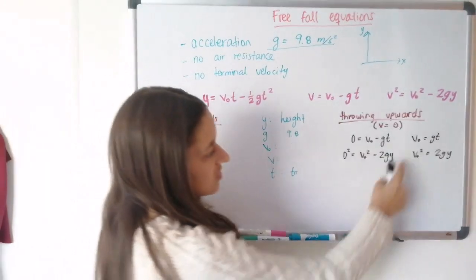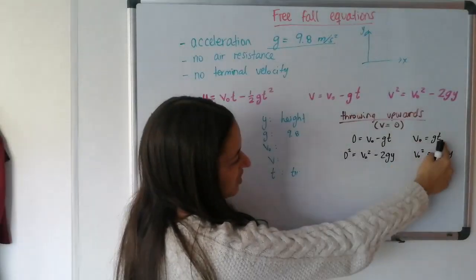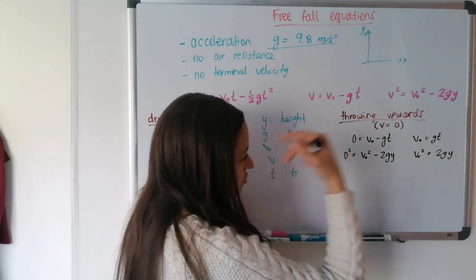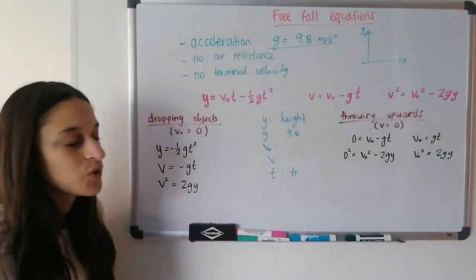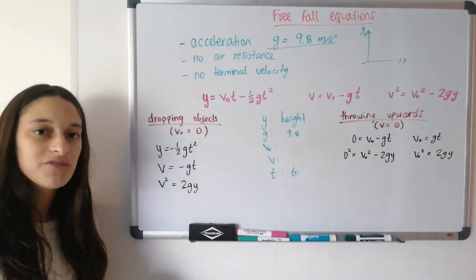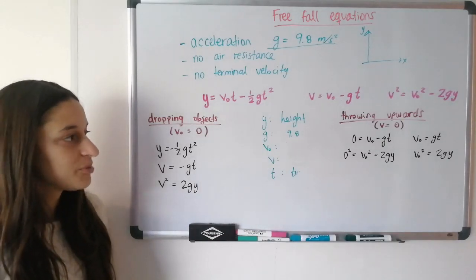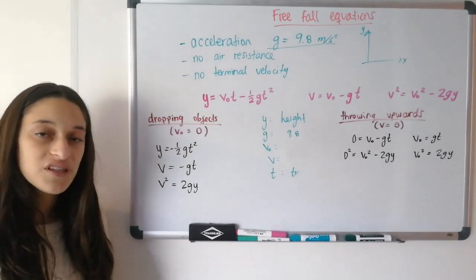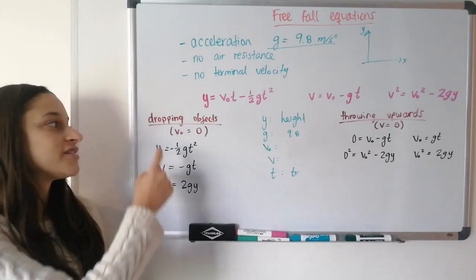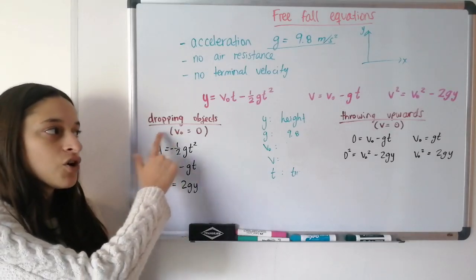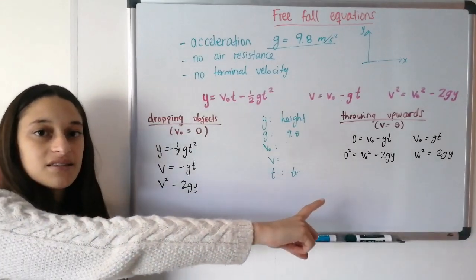So again, this equation has two variables, initial speed and time. This one has initial speed and height. So if I give you a problem that asks for one of them and gives you the other one, you have to choose which equation works for you. So basically, when I give you an exercise, the first thing you have to do is identify if it's a dropping object case or a throwing an object upwards case.